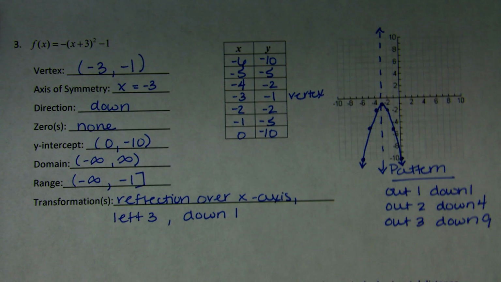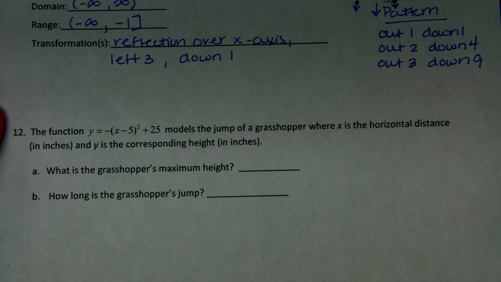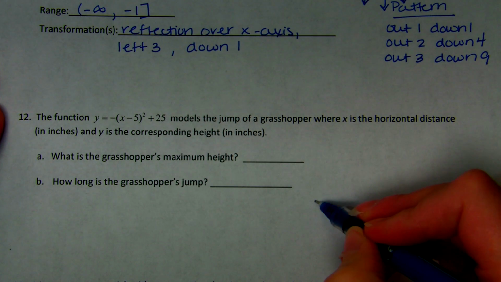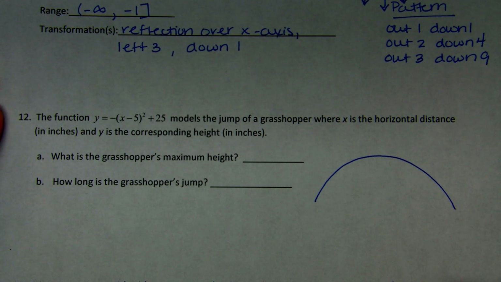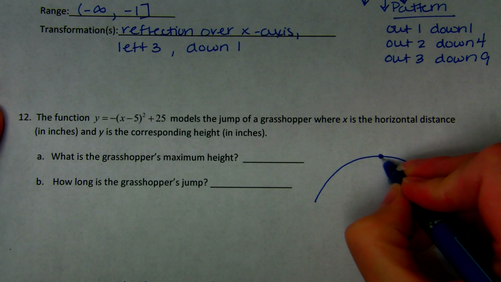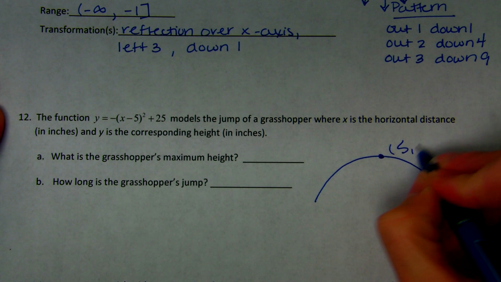All right, let's talk about the jump of a grasshopper, which is modeled by this function. And remember that what we're looking at is actually the jump of the grasshopper. And since this is in vertex form, the vertex of that parabolic jump is right there at 5, 25.